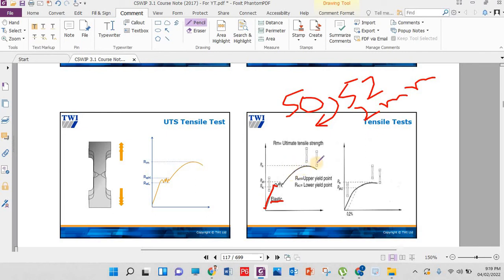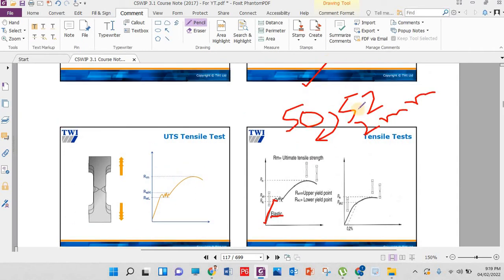If after relieving the load the material doesn't come back to its original position, then it's known as the plastic state, and it's known as plasticity. Both points are very important in the paper. He will ask about the condition or state of the material when you relieve the load: if it comes back to its original position, it's known as elasticity. If it doesn't, it's known as plasticity.